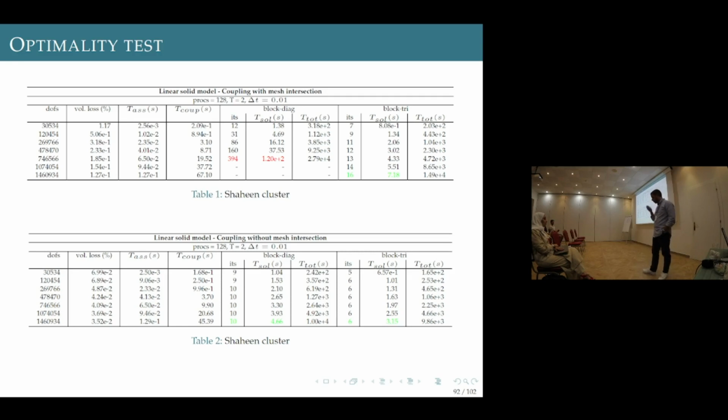The other thing to observe is the volume loss, which is the indicator in this case, because we don't know the analytical solutions, to see if the method works. We can see that the volume loss is better when we don't use mesh intersection.